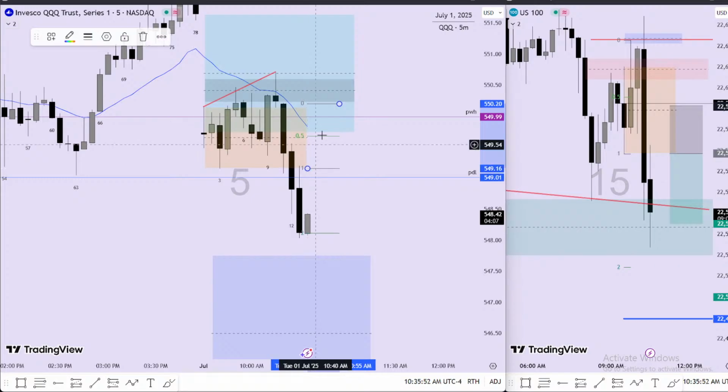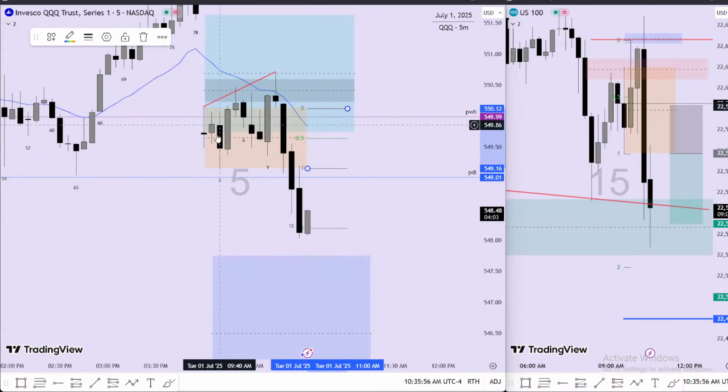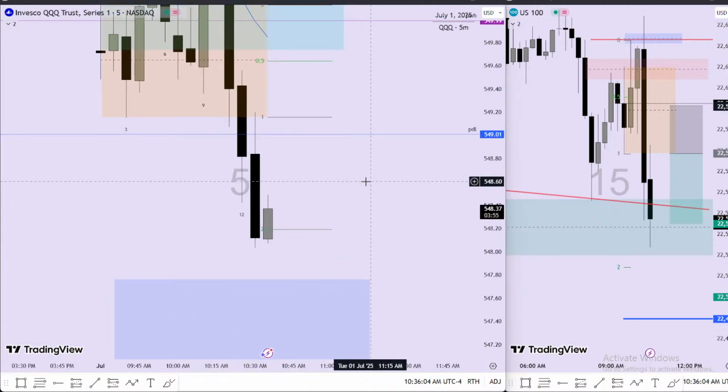We have reached a single standard deviation of the initial range, right? So that's why it is retracing a little bit.